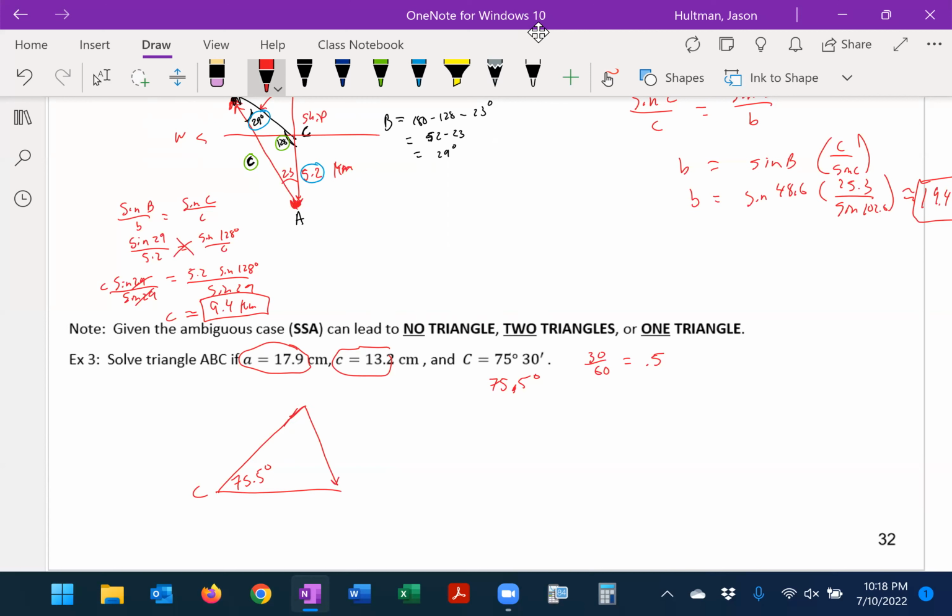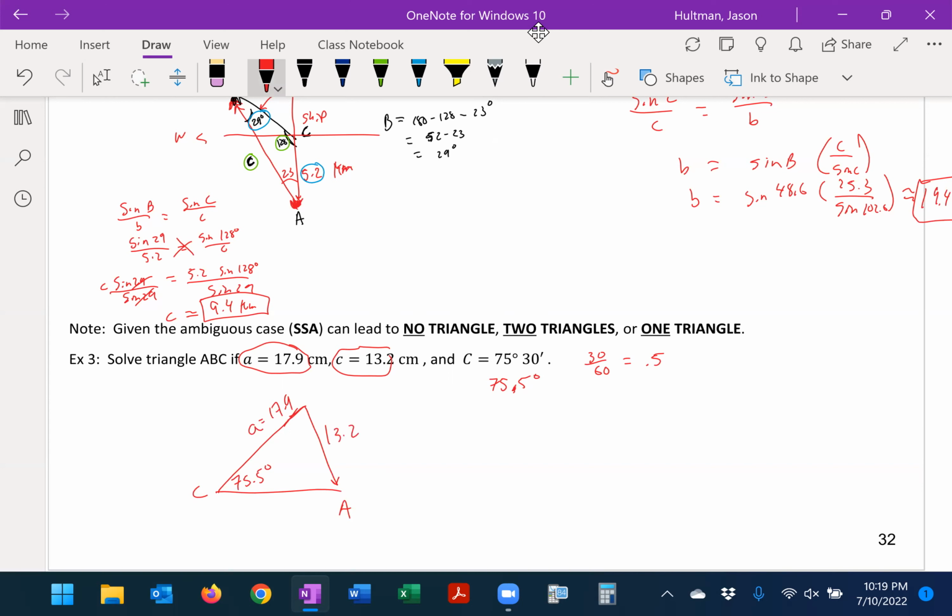If we put angle A here and call this side a, we know that a was 17.9. We want to find out, what's angle A? We could use the law of sines to find angle A.